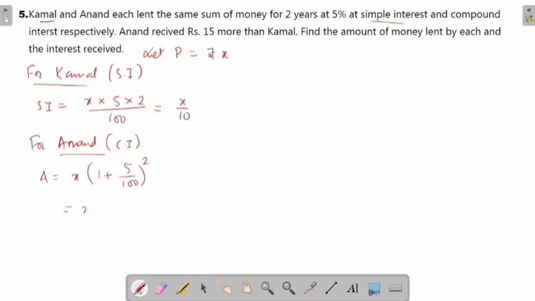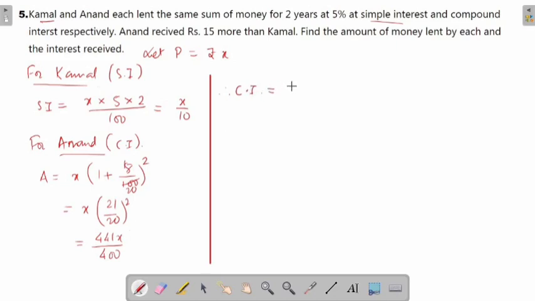So this is X into 21 by 20 squared. 21 squared is 441, and 20 squared is 400, so this is the amount, 441X by 400. Now the compound interest is amount minus principal, that is 441x by 400 minus x.